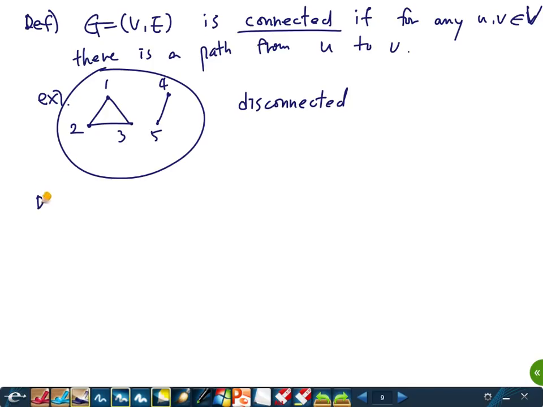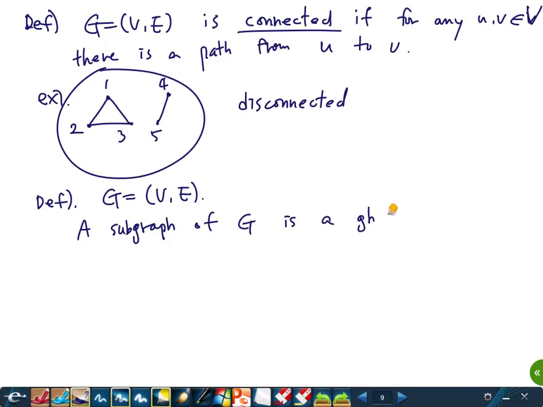So the precise definition goes like this. We have a graph G, and a subgraph of G must be a graph. Let's denote this graph by H. Because it's a graph, it has a vertex set, say V prime, and an edge set E prime.